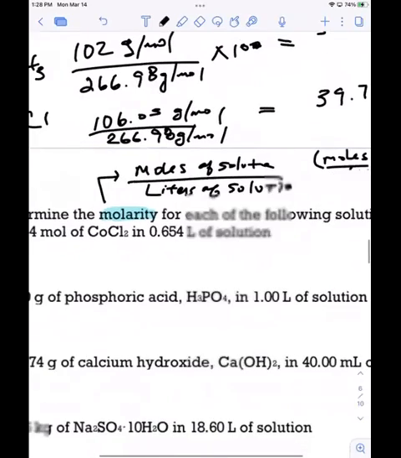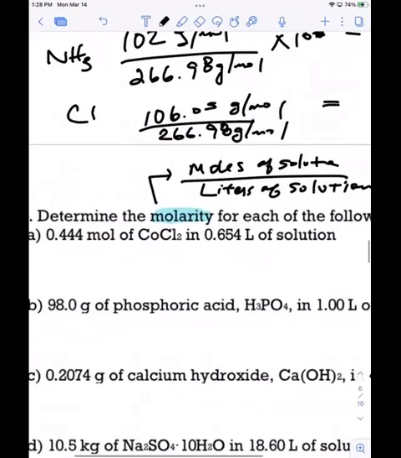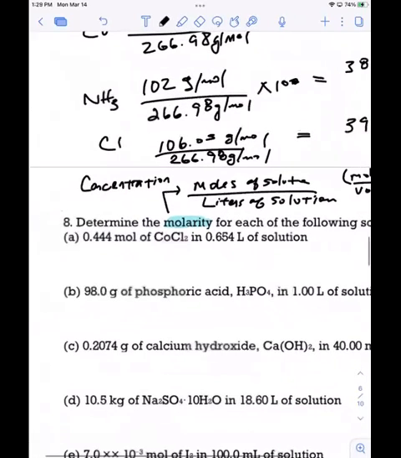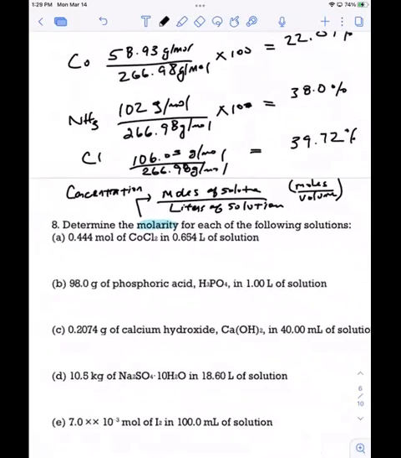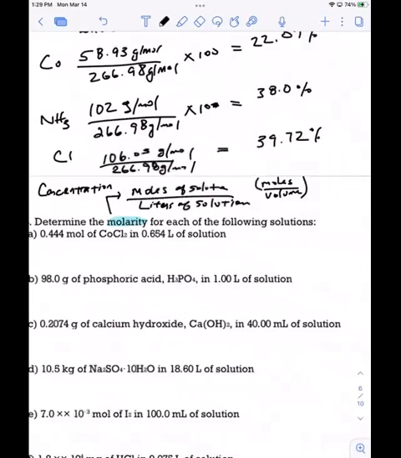In order to find the molarity, which is also known as the concentration, these units are absolutely necessary. You have to have your top number in moles, and your bottom number, the volume, has to be in liters.